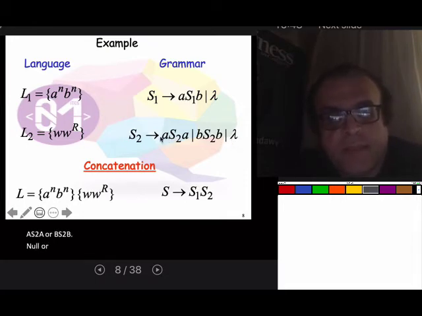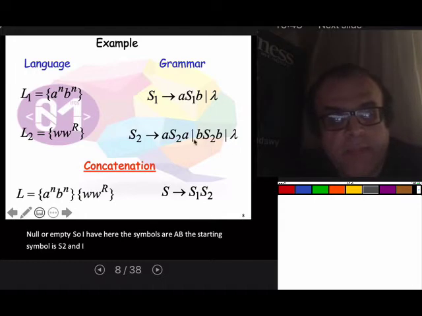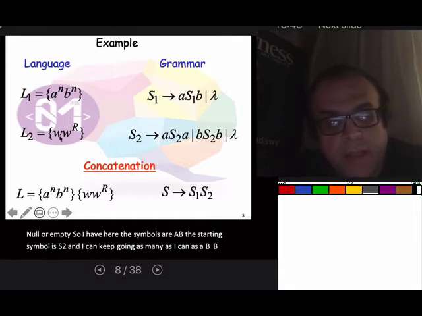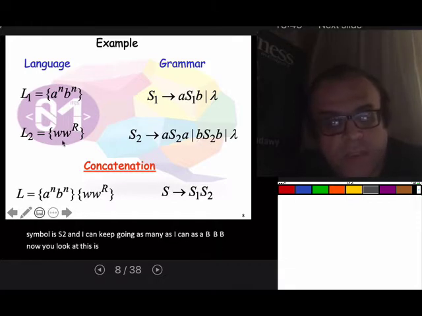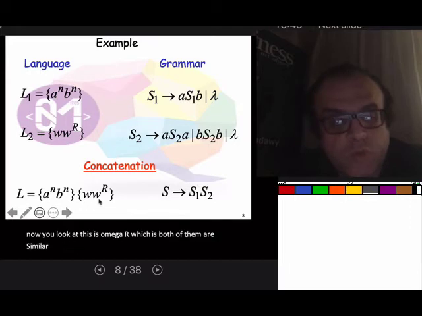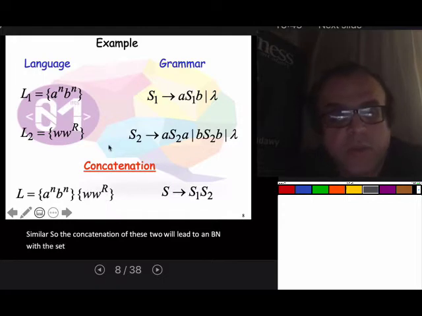The symbols are a and b, the starting symbol is S2, and I can keep going as many times as I can, a, b, and b, b. Both of these are similar. The concatenation of these two will lead to a to the n, b to the n, with the set w w to the power r. So this resultant language will be a context-free language.